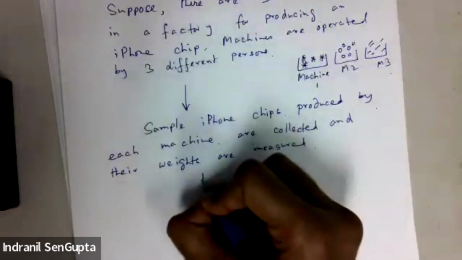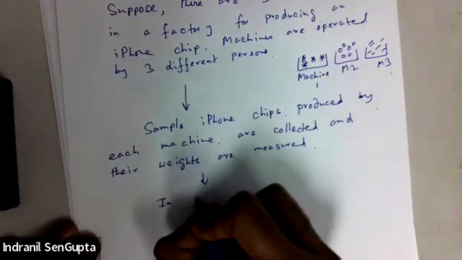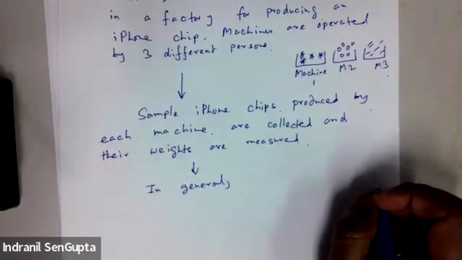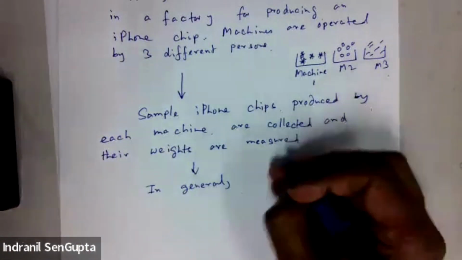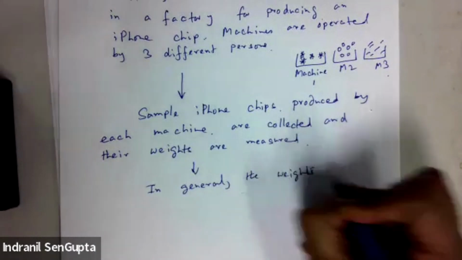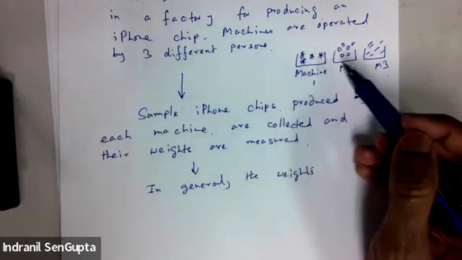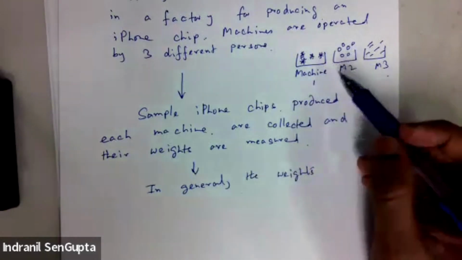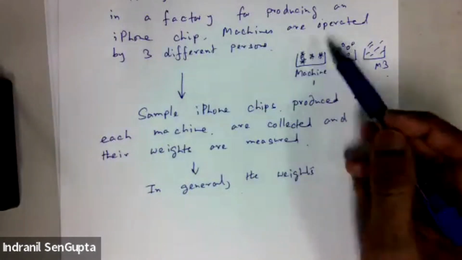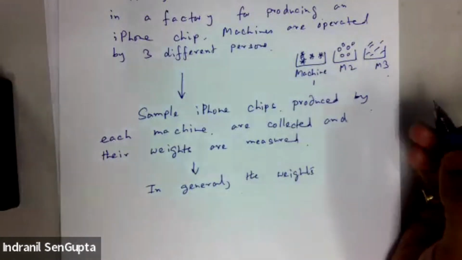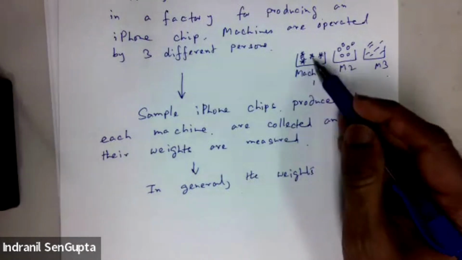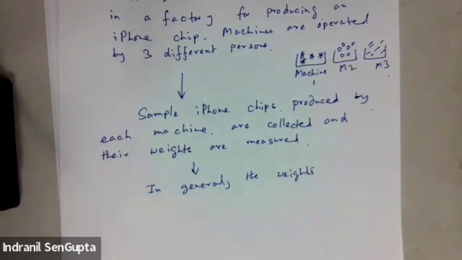Now, of course, in general, and this is expected, by the way, I'm assuming a manual machine. So it's not really a computer, like a manual procedure. Basically, a person is making these chips. So even if it's made from the same machine, the chips will have some different weights, right?